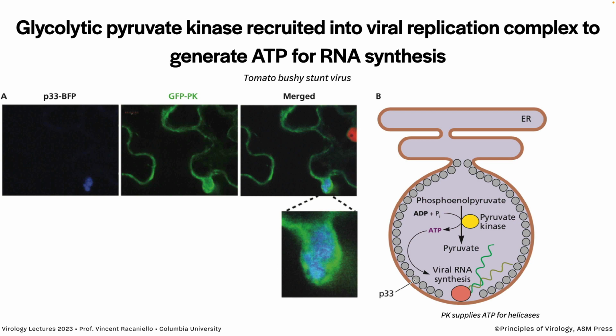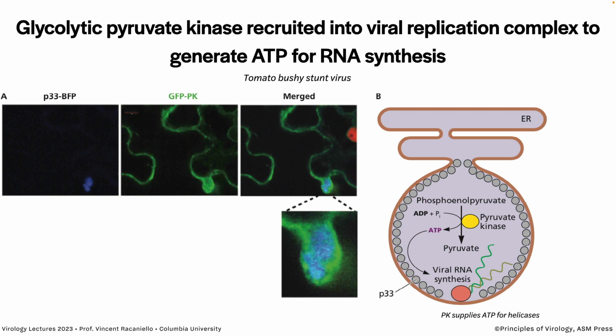And this virus reproduces its RNA in, again, vesicles that are produced from the ER, very much like the virus we just looked at, except these are closed off vesicles. And RNA synthesis occurs here. Now, this virus brings pyruvate kinase into the vesicle to make ATP that's needed to make nucleic acid. It supplies the energy for viral RNA synthesis.